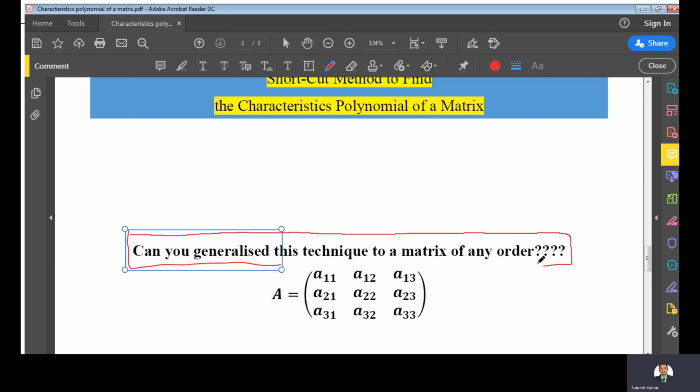You will write this formula, generalize it, and after generalization you comment it here, right? What will be the formula for the characteristic polynomial if we take a matrix of order n by n? So thank you. I hope you can understand the technique to find the characteristic polynomial. Thank you.